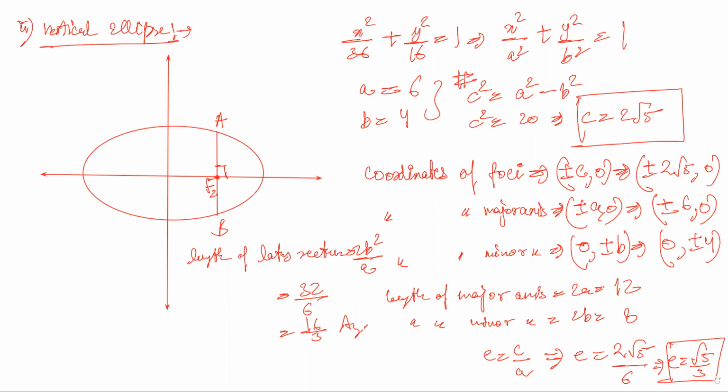What is eccentricity and length of latus rectum? Eccentricity is c by a, root 3 by 2.